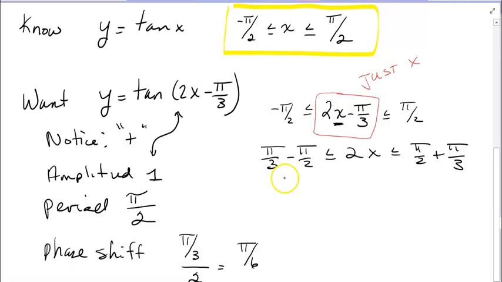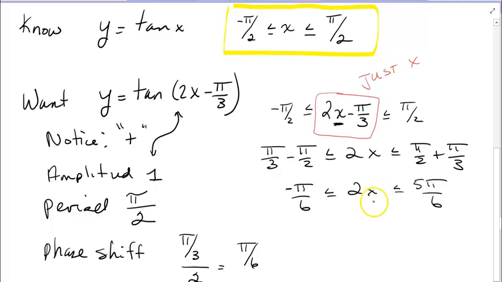Get your common denominator of 6. 2 pi over 6 minus 3 pi over 6 is negative pi over 6, just basic subtraction of fractions. And of course, pi over 2 plus pi over 3, put over common denominator 6, you get 3 pi over 6 plus 2 pi over 6, and that becomes 5 pi over 6.